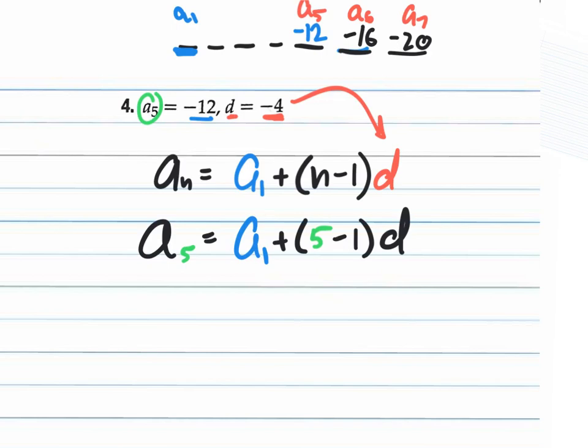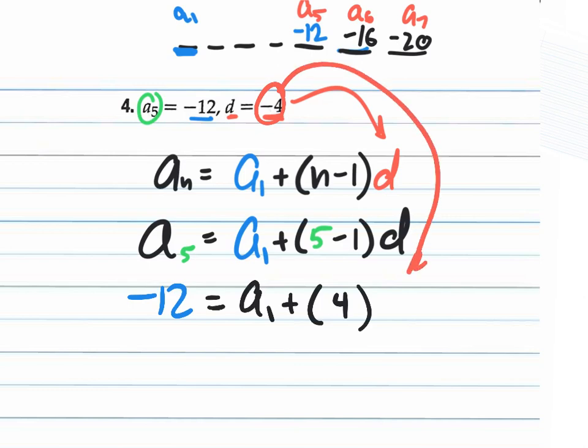And now that we know that the n is 5, now we could change this a sub 5 to become what a sub 5 really equals. It equals negative 12. So let's do that. Let's put a negative 12 equals a sub 1 plus, you might as well do this math, 5 take away 1 is 4, times a common difference d, but we said that that common difference is negative 4, so let's just put a negative 4 right here for d.